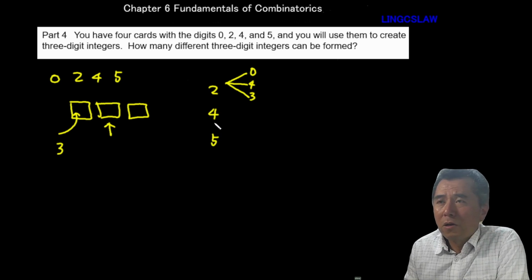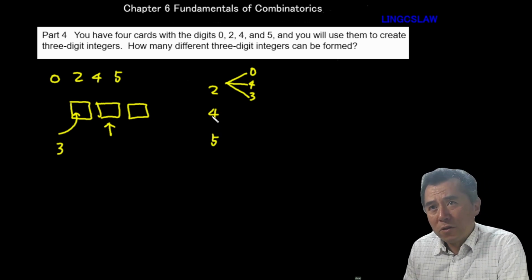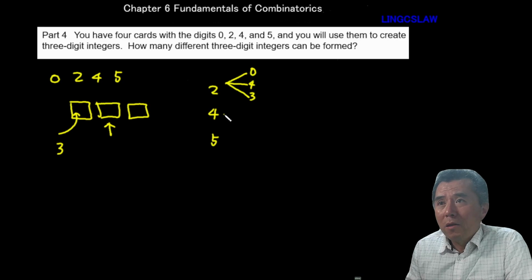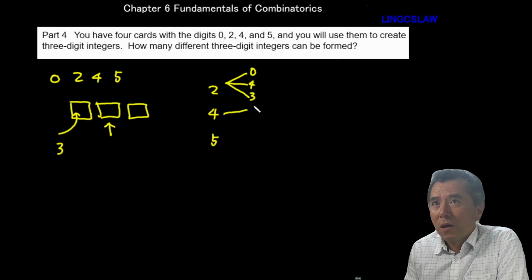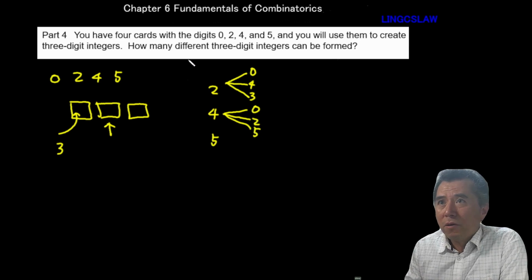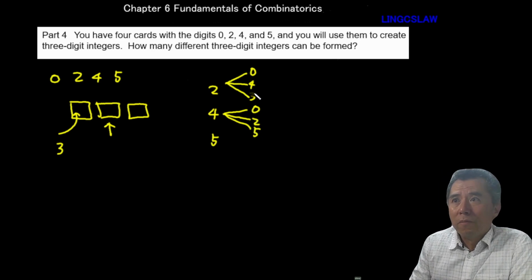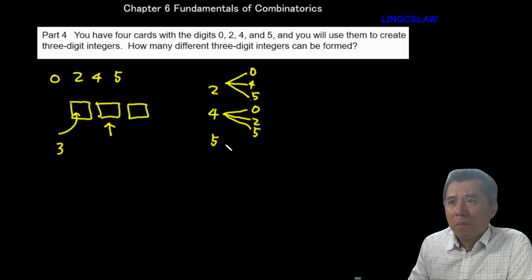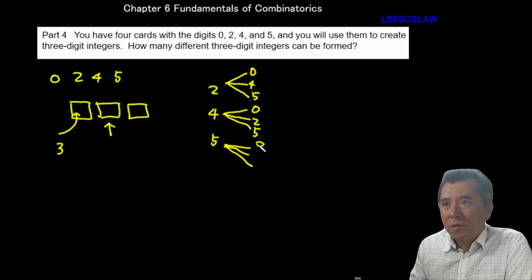And if you take 4 for the first digit, there are 3 choices for the second digit: 0, 2, 5. And again, if you take 5, there are 3 choices: 0, 2, 4.